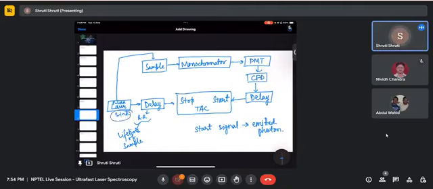So when this part hits the sample, there will be some population which will get excited and start decaying. When this part hits, there will be some population of the sample which will get excited. And most of the sample will get excited when the peak of the pulse hits the sample.